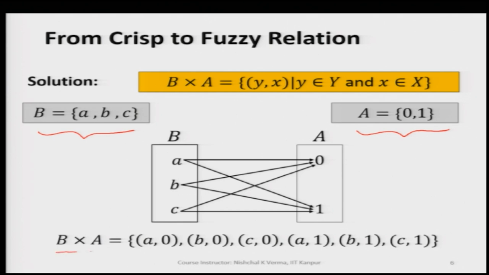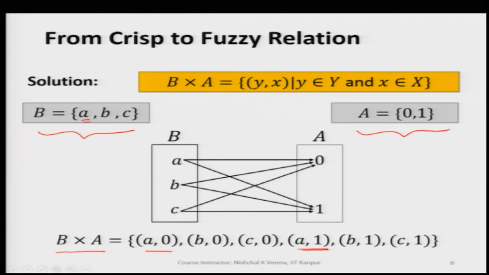Let us now find the Cartesian product of crisp set B and crisp set A. So, here we will first start with this element A, and this element will combine with all the elements of set A. So, this is going to give us A comma 0 as the first pair, and then the second pair will be A comma 1 here.